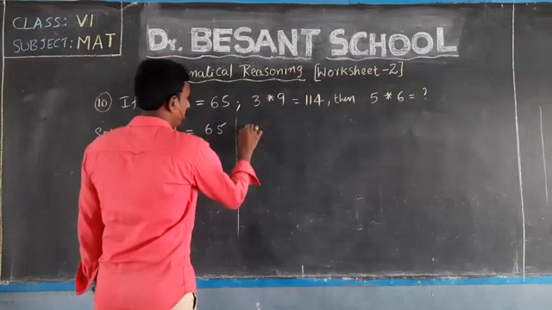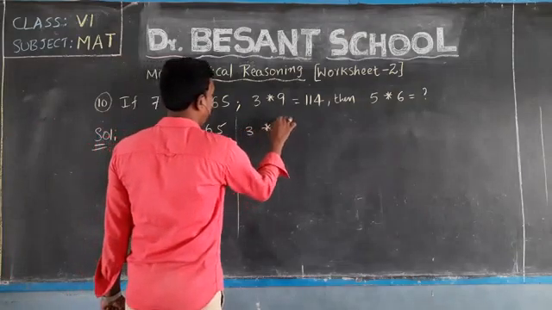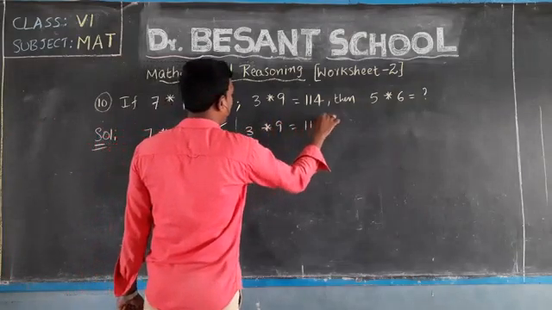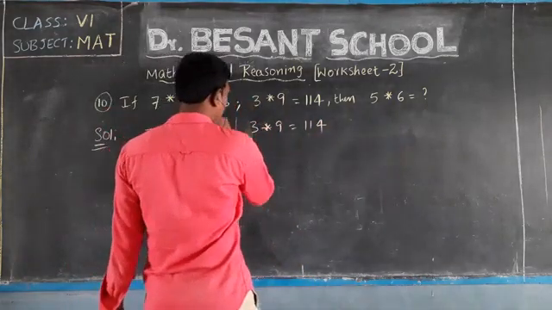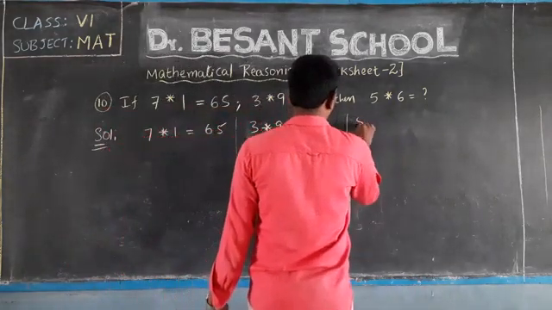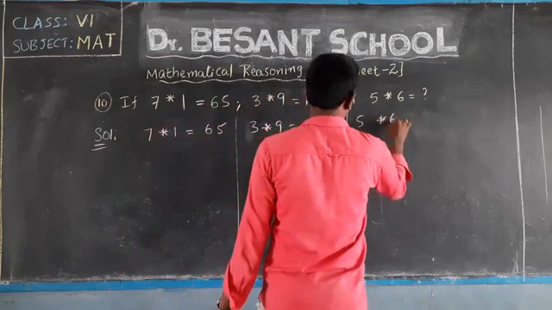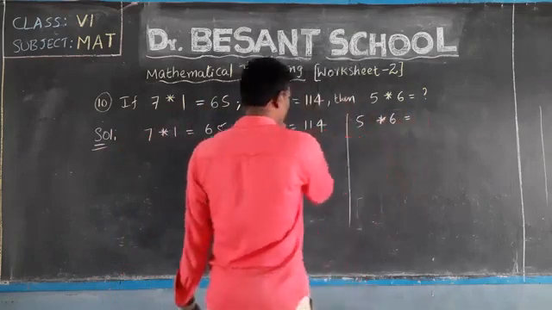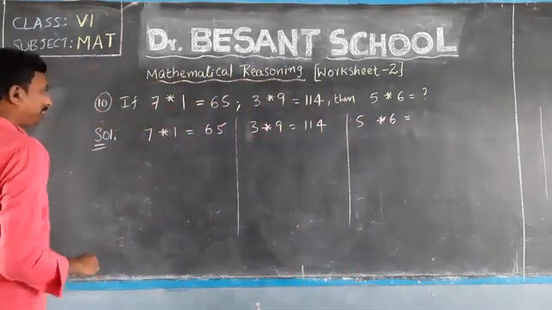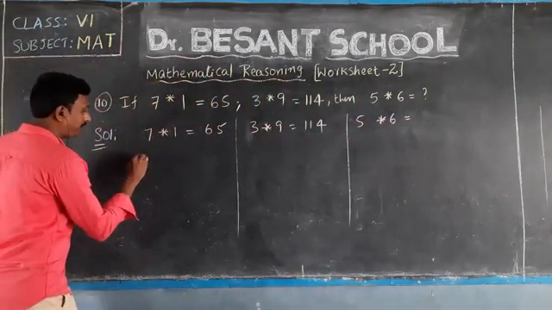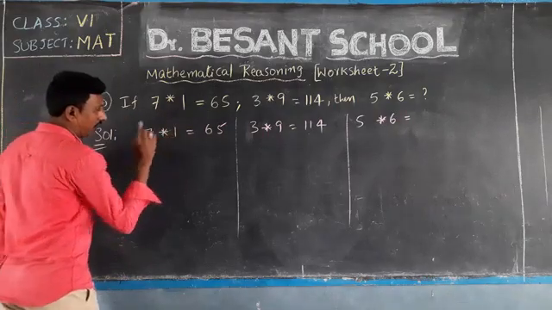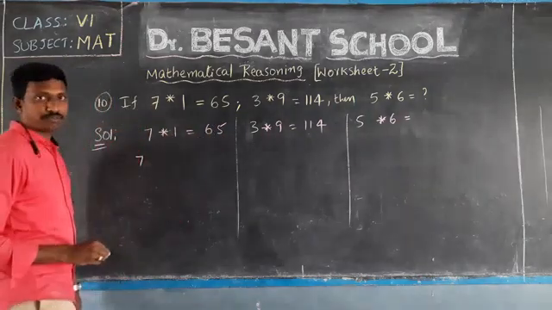Okay. Here we'll check out 3 star 9 is equal to 114. Okay. Now, so here we will obtain our relation. By using the logic, we will be able to get 5 star 6 equal to how much. Let us check out here. This is 7, no? So, 7 and 1 are there, we got 65.